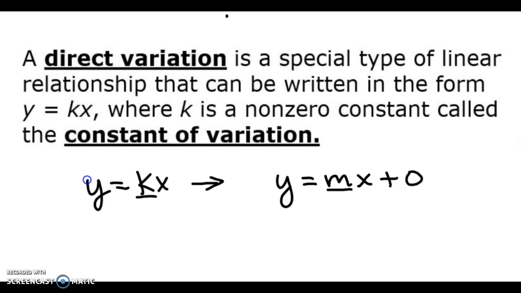But in direct variation, our y-intercept is always 0. We always start at the origin with our line. Direct variation means as one goes up, the other goes up directly. So as x changes, y changes as that constant k defines.